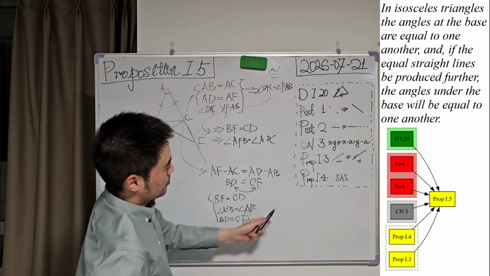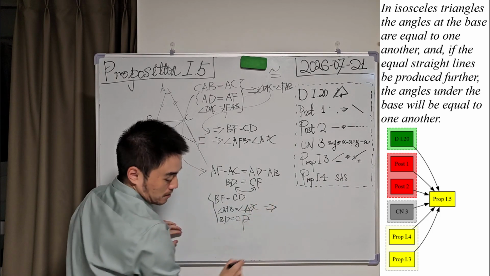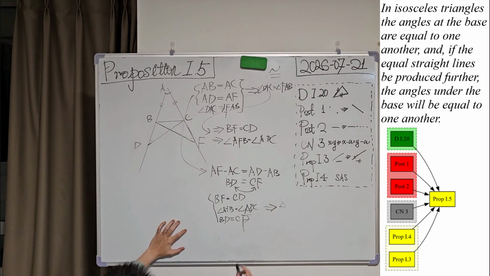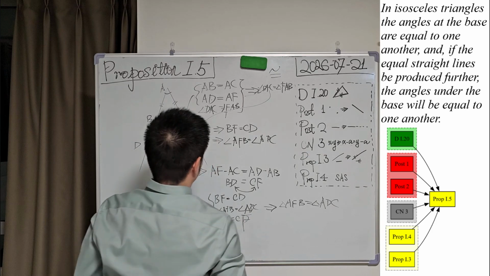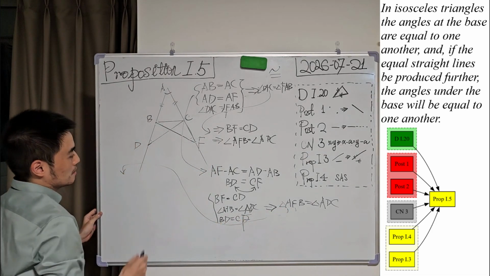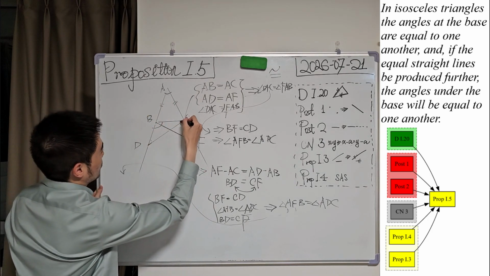So also using proposition 4, we know that triangle AFB is equal to triangle ADC. Great. And then we can conclude that these triangles are equal, so this angle must be equal to this angle.